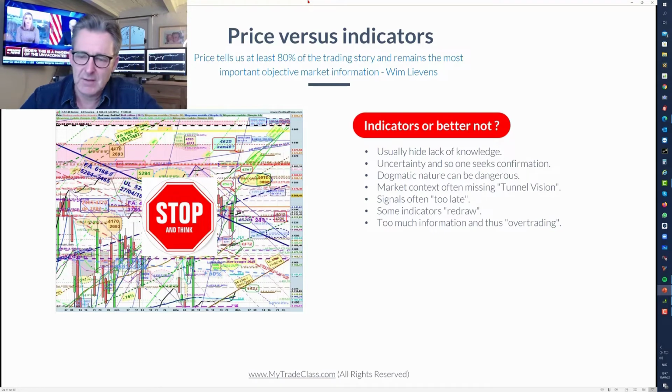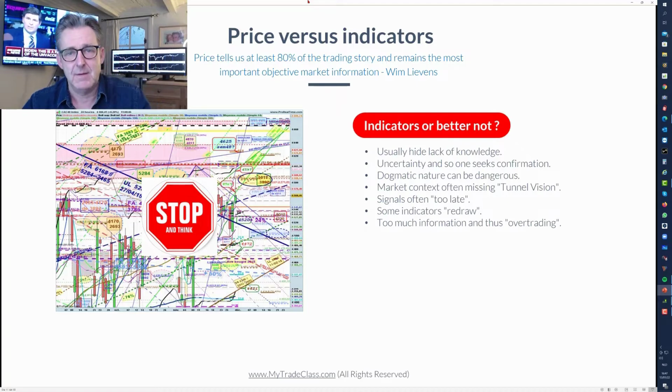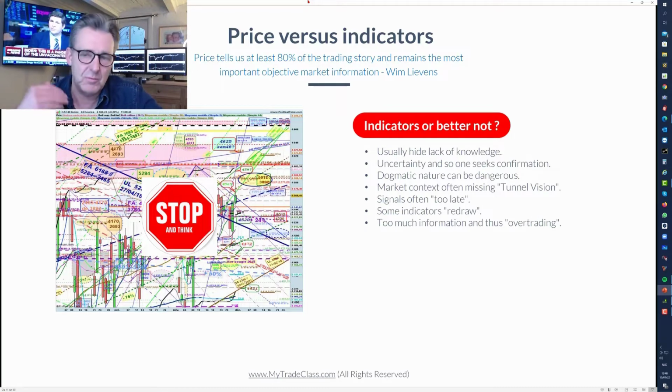Why? Because these indicators sometimes have some sort of a dogmatic character. People have seen examples where these indicators have given correct signals, and so they think this will always work, which it doesn't. I always say, show me one example where it worked, and I'll show you two where it didn't. Why is that?